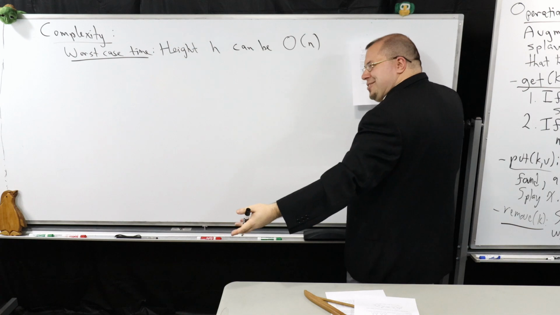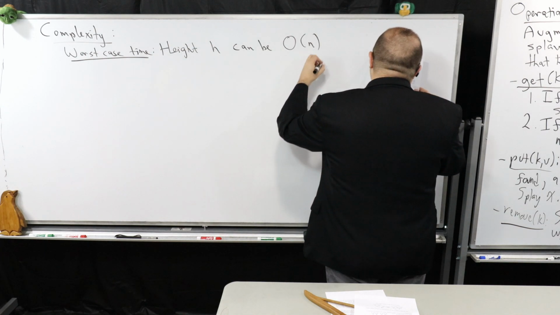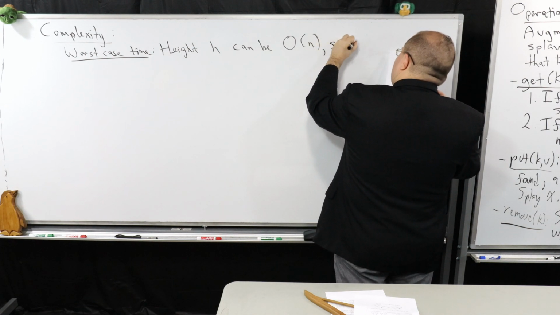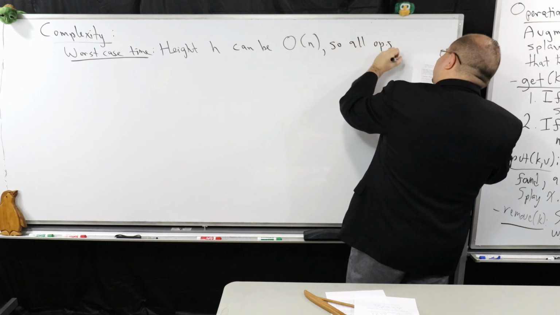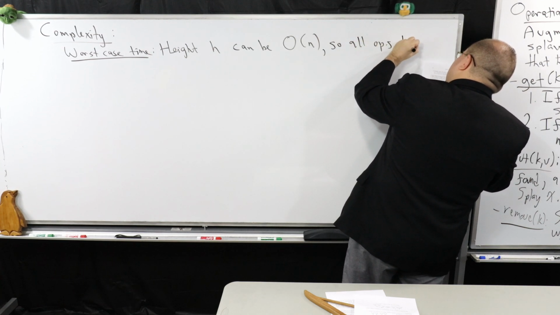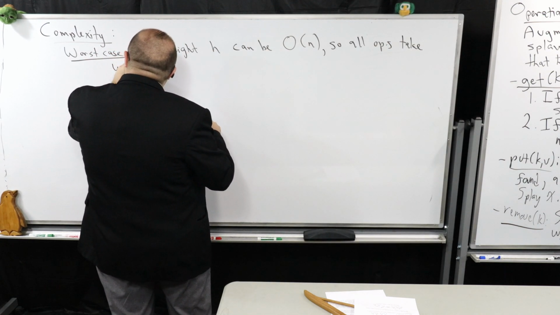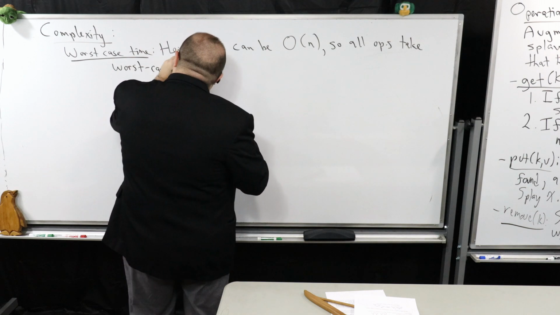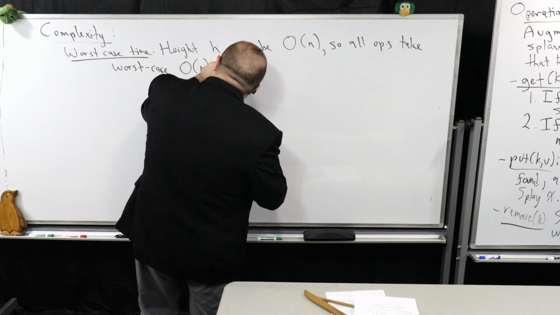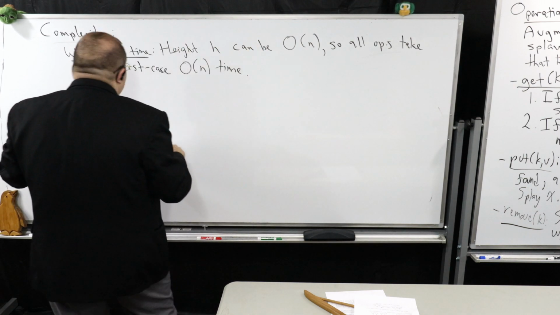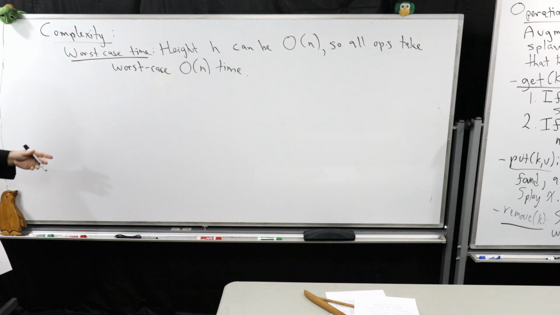Because it can be a fully degenerate tree. So all operations take worst case big O of n time. That's not what's very interesting about the splay tree.